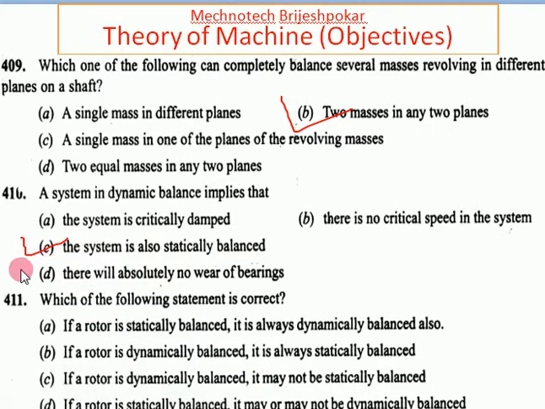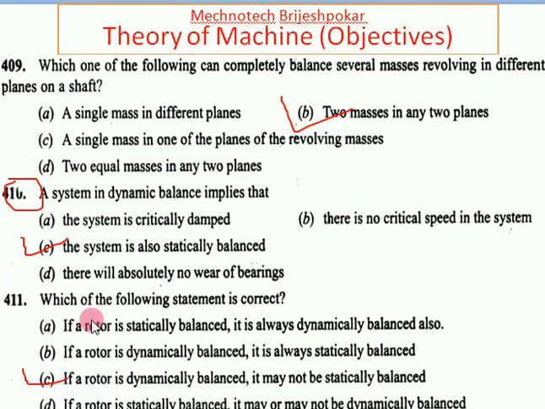Then 411, which of the following statements is correct? So I will tell you directly the correct sentence, that is if the rotor is dynamically balanced, it may not be statically balanced. So the answer is given as C and D actually, but if we see this answer, it does not match with 410.